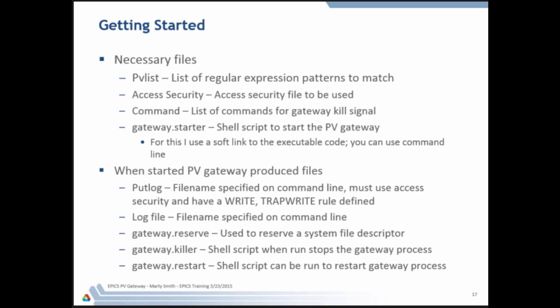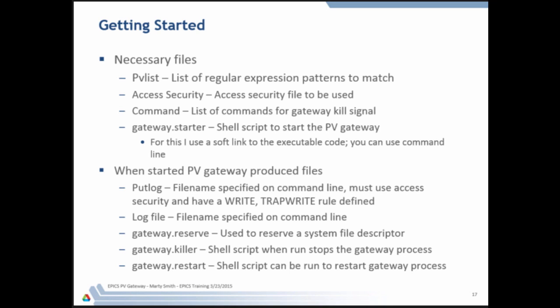The reason for that is what if I want to run different versions? I can keep different versions of the gateway code in one directory and make a soft link to it from where all the other gateway files are.